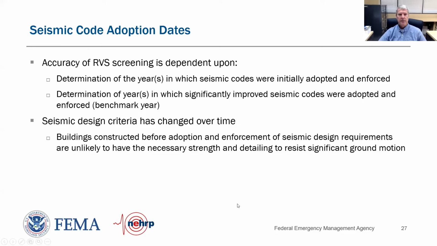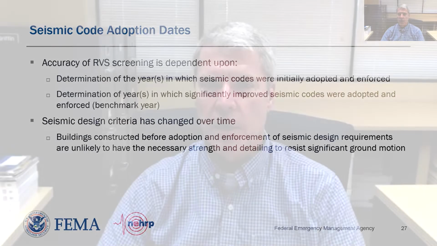Code adoption dates. This is an area where two of our modifiers, I should say, are associated with code adoption dates. The basic scores as calculated, I mentioned, are calculated on a type CD soil.